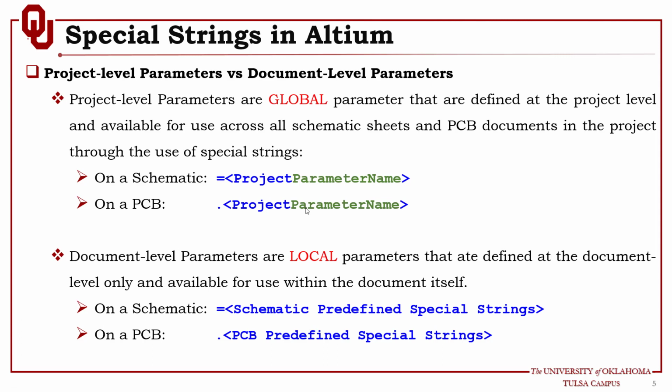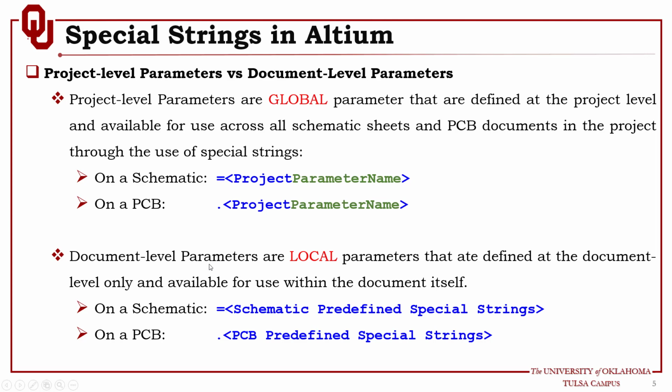Now, when you specify document level parameters, these parameters are at a local scale, and they are available to use within the document itself where you specified these parameters. And we can take a look at that. But the other important point in here is you cannot use the same special strings for schematic and layout as project level parameters.